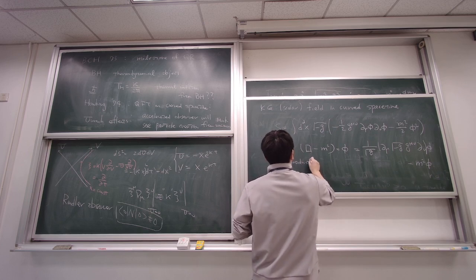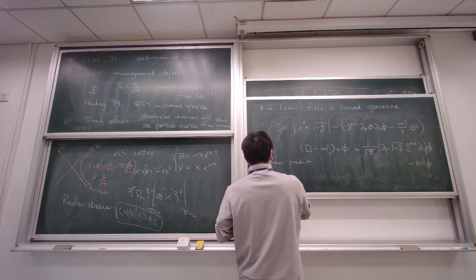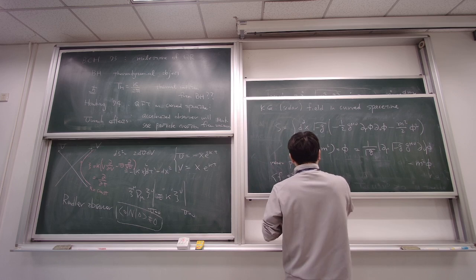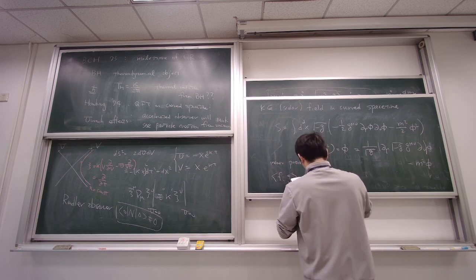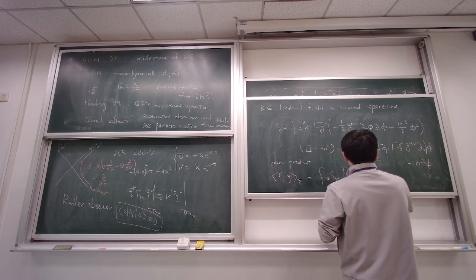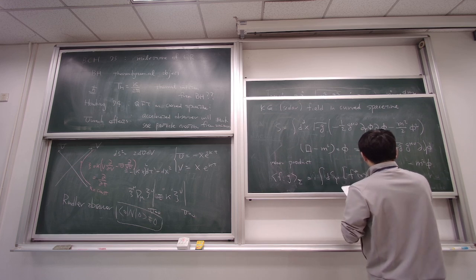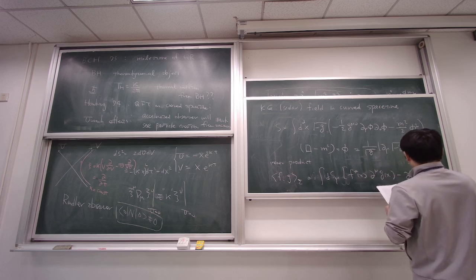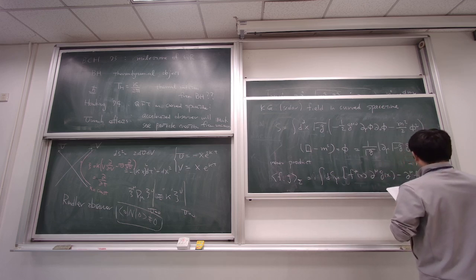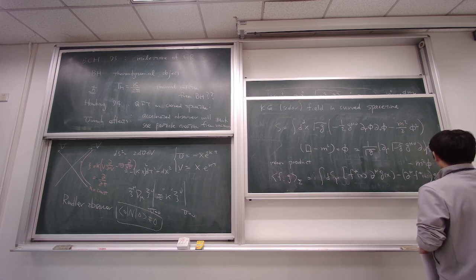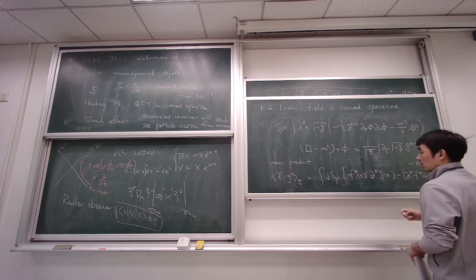So it's something like this one, f and g on sigma, which is i integral d sigma mu, f star of x del mu g of x minus del mu f star of x g of x, like this.